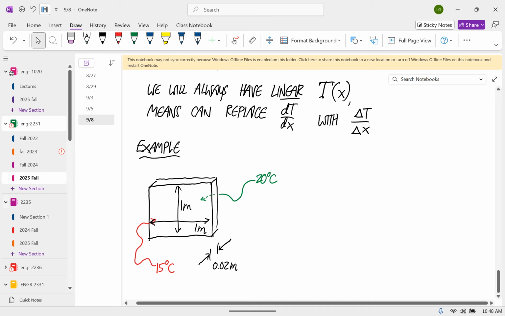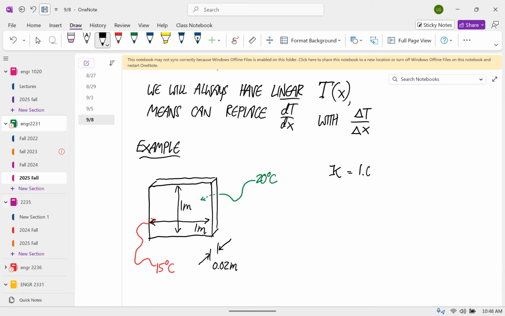Let's say that this glass has a coefficient of thermal conductivity of 1.05 watts per meter Kelvin. First, if the temperature varies linearly with x, like I said we always will have, calculate Q dot.